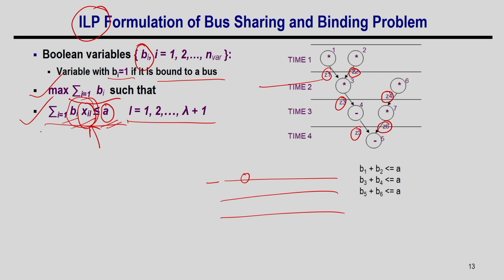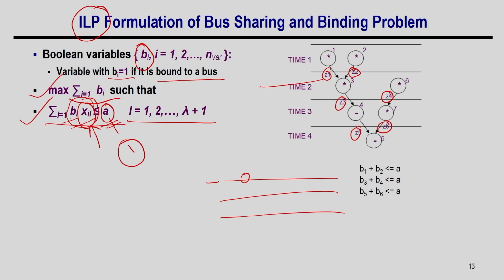If you give this to the ILP solver, it will give you the total number of variables that can be mapped to the fixed set of A buses. If you put A equal to 1, it will try to find all the variable transfers that can be mapped to one bus. If you run it for, say, k iterations, you also identify the minimum number of buses required.